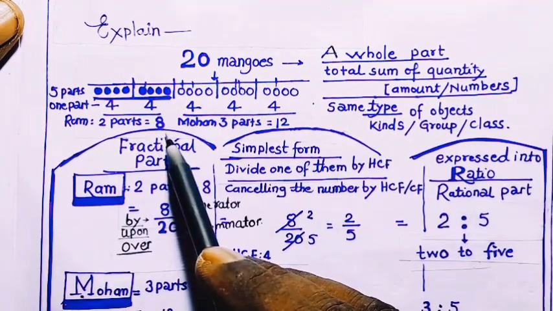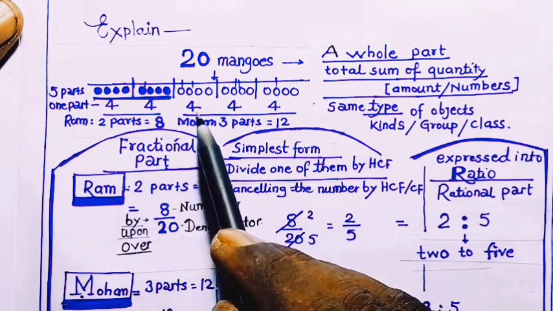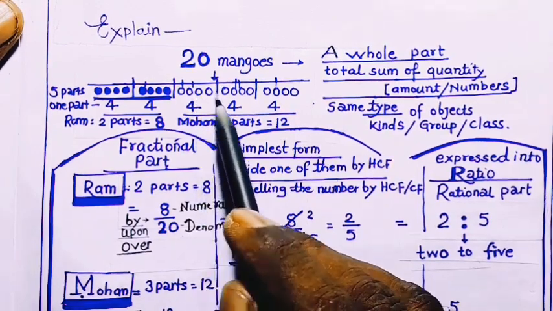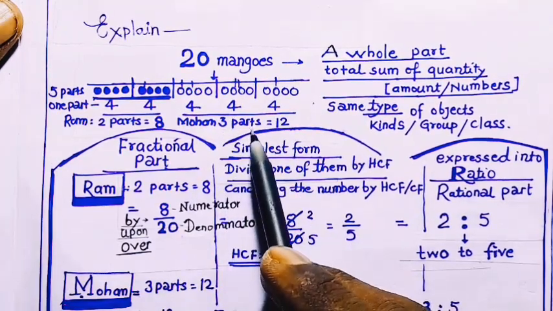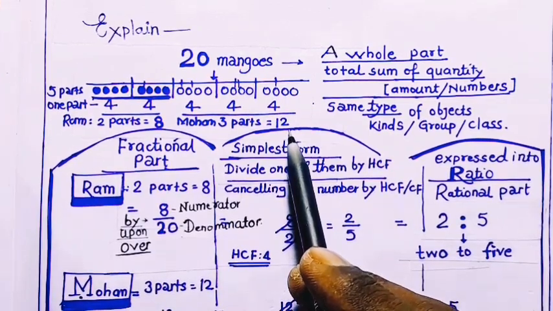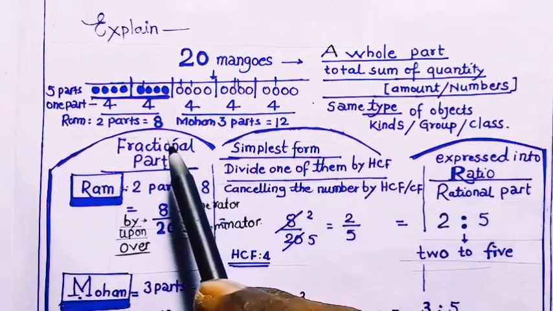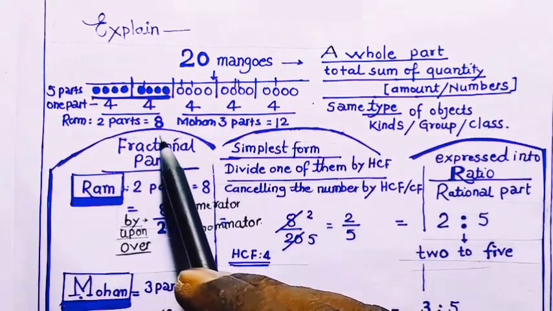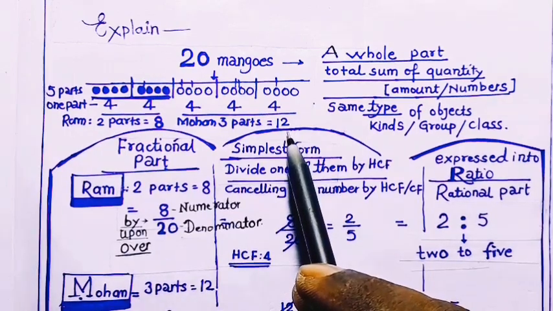On the other hand, if Mohan takes three parts, 1, 2, 3, then he will have 12 mangoes. It means Ram has taken 8 mangoes and Mohan has taken 12 mangoes.